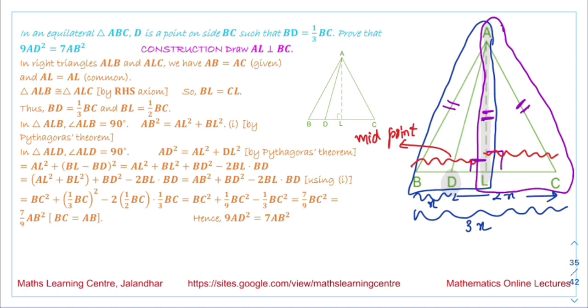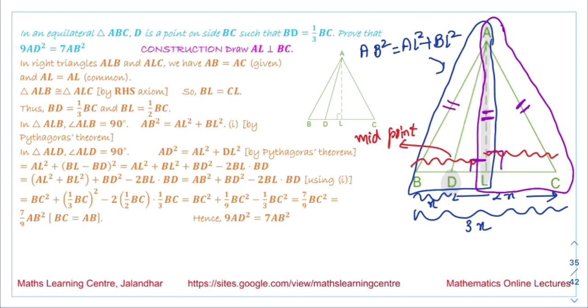Now in the triangle ALB, we have AB square equal to AL square plus BL square.